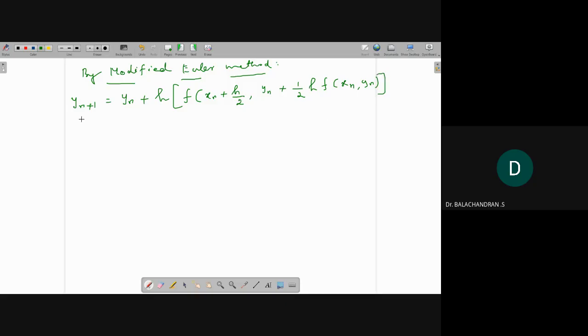Now substitute here. I need to find y2, so I substitute n equal to 1. So y2 equal to y1 plus h into f of x1 plus h by 2 comma y1 plus h by 2 into f of x1 comma y1.